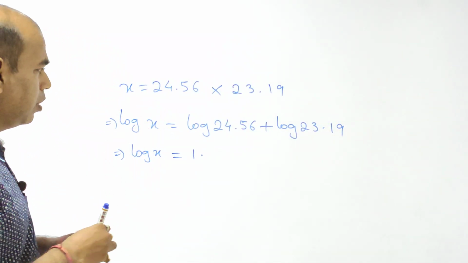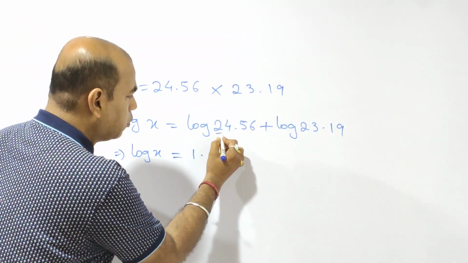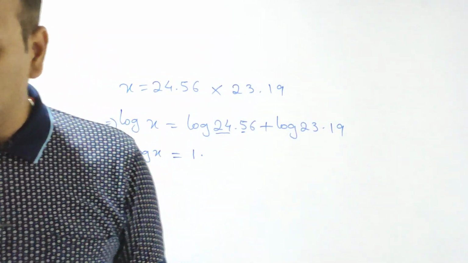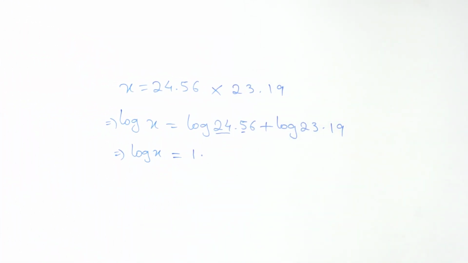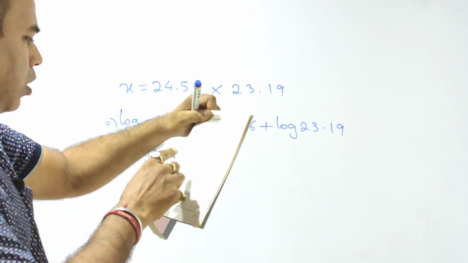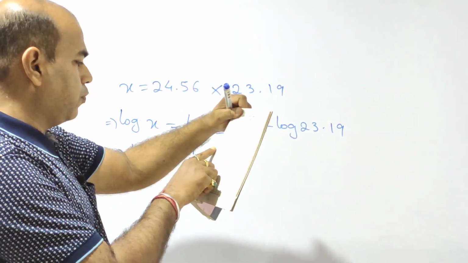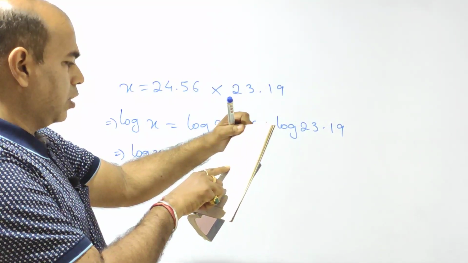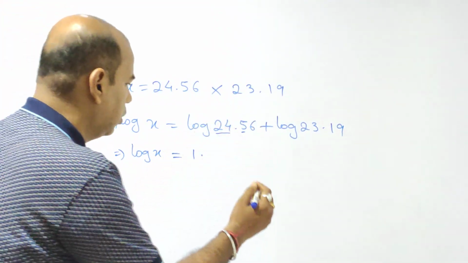Then what will I do? I will check 24's fifth column from log table. It is 3892.